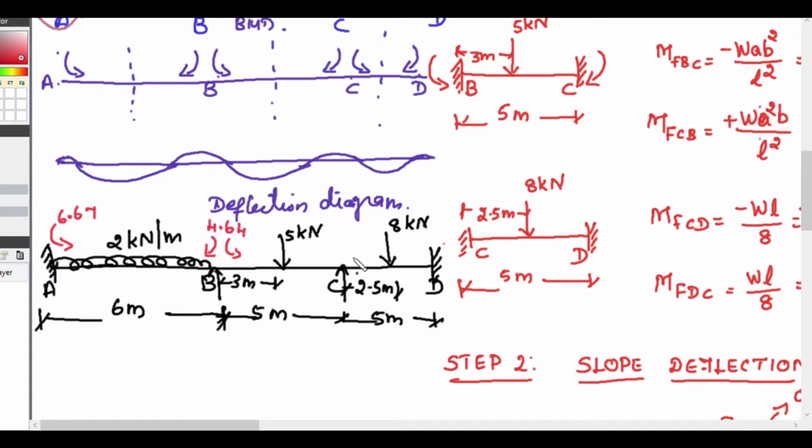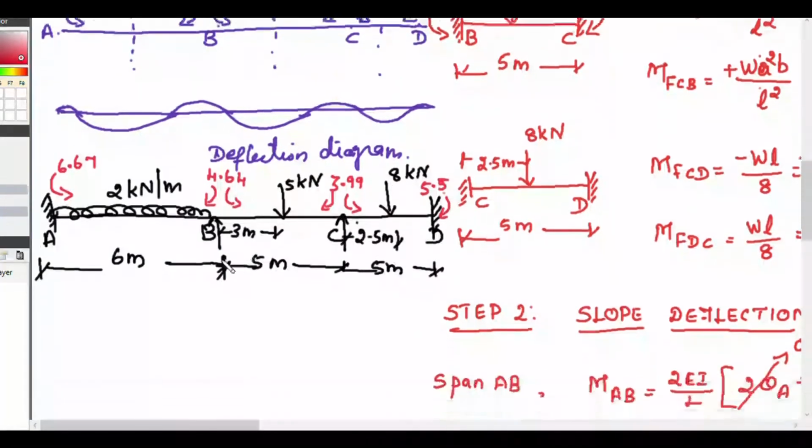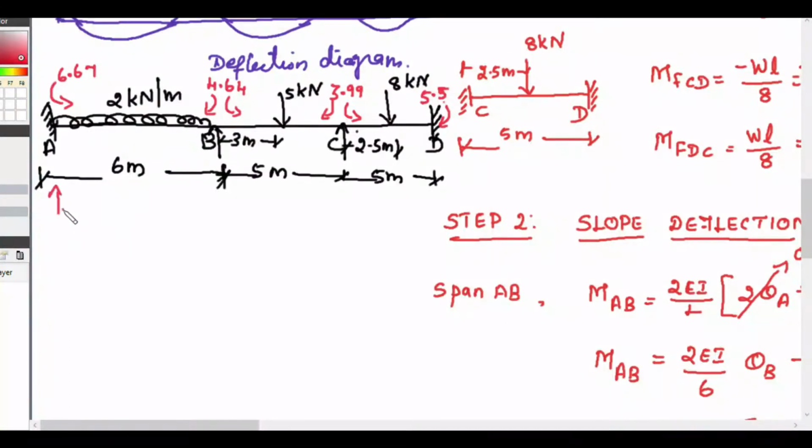At C we have a moment of 3.99 and at D we have a moment of 5.5, clockwise, right? Now we need to find what is RA. We have the reactions RA, RB, RC and RD. So we will be using the conditions of equilibrium, right? So here we will draw the shear force.